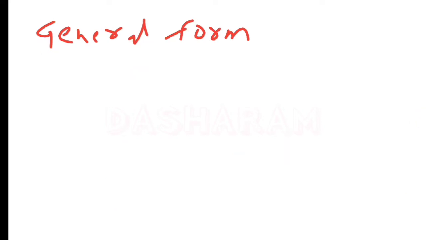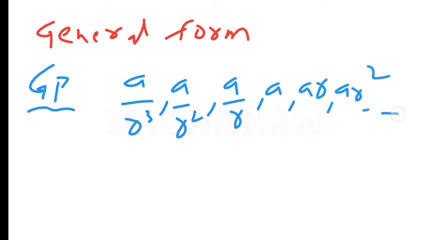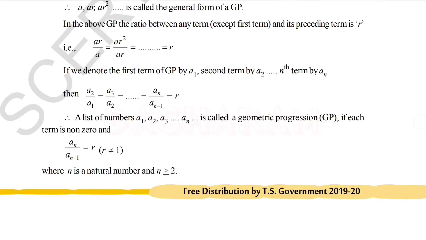So we have one more general form for the GP. That is a by r cube, a by r square, a by r, a, ar, ar square, and so on. It is also a general form of a geometric progression. This general form has to be used in particular questions, and I will explain what those questions are.